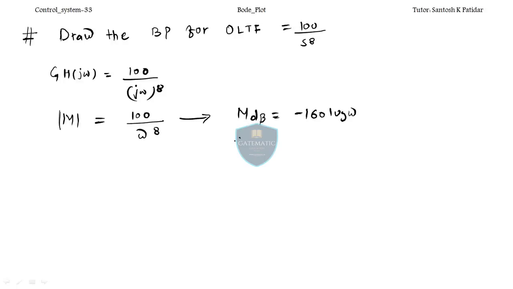If you talk about the slope, you'll get minus 20 n, that is minus 160 dB per decade. What about phase? The phase will be minus 160. Am I right? No, this is 8 into pi by 2. Is it clear to you? Now let's draw the graph.